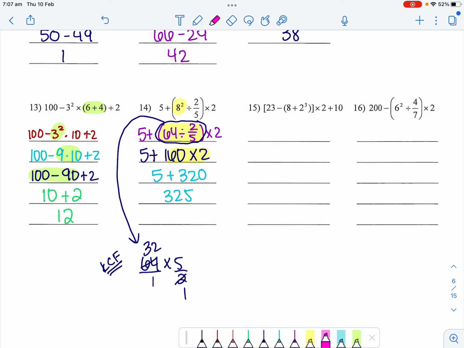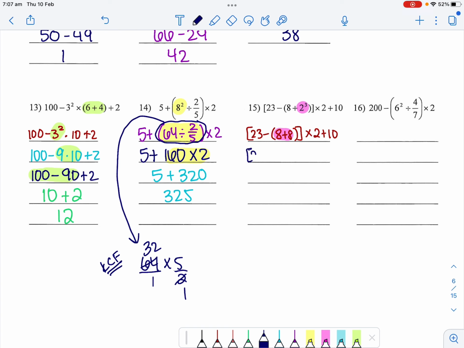Number 15, again, I'm going to go all the way inside my parentheses, and I'm going to do this exponent first. So I'm going to have my bracket 23 minus 8 plus 8 times 2 plus 10. Now notice I'm only changing one thing at a time, especially in these longer ones. So the only thing that changed was 2 to the third power equals 8. Now I'm going to do this set of parentheses.